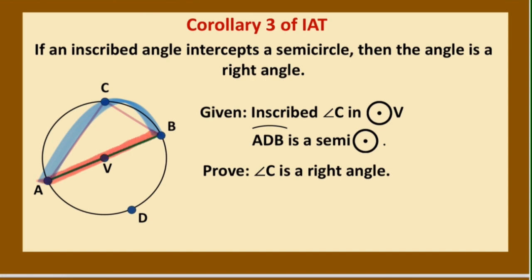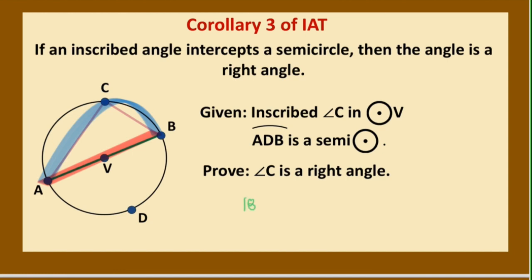Look at it. It's connected by what? That's the diameter. So you may imagine it like this. If the inscribed angle shares the same endpoints as the diameter, it intercepts a semicircle. And what's the measurement of a semicircle?